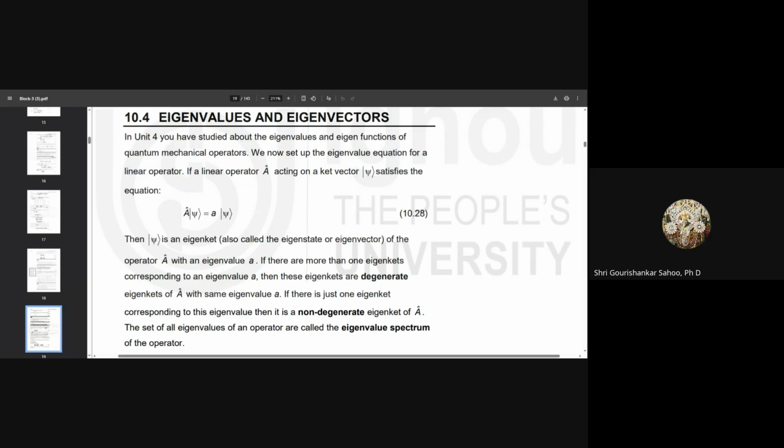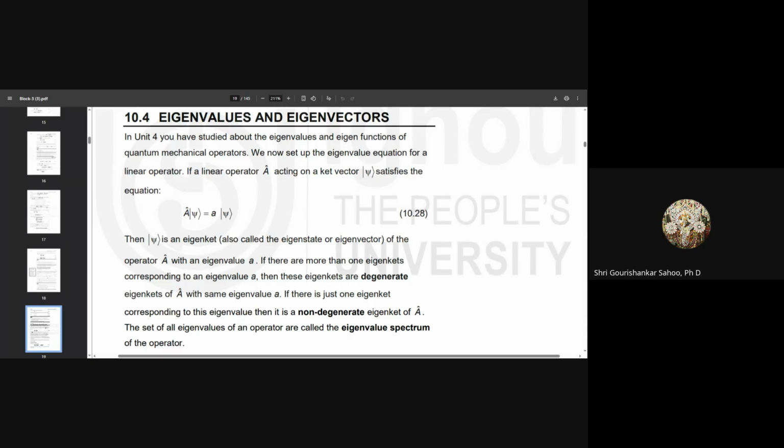So A is the eigenvalue. Your psi is an eigenket. You can write it as an eigenstate or eigenvector of the operator A cap with eigenvalue A. If there is more than one eigenket corresponding to an eigenvalue A, we say that it is degenerate, with multiple values possible.